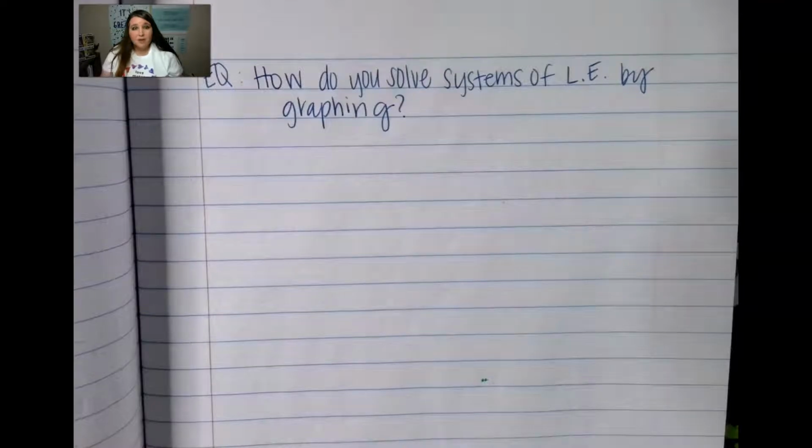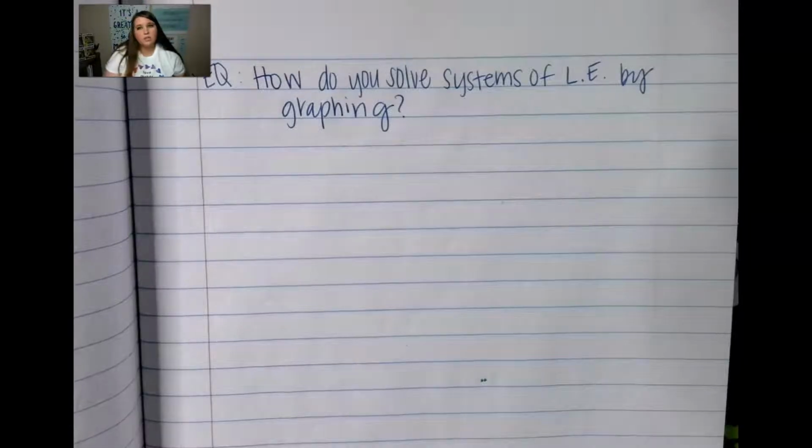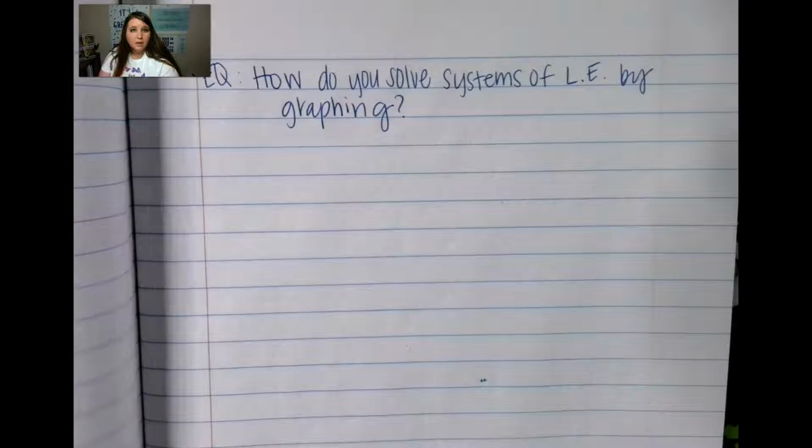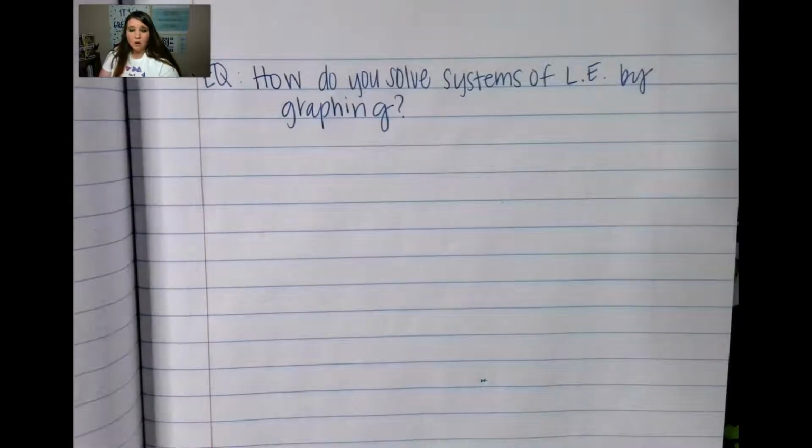Everyone. Today we are going to continue our journey on solving systems of linear equations with graphing. However, we are going to see the difference between when they are in y equals mx plus b and when they are not.